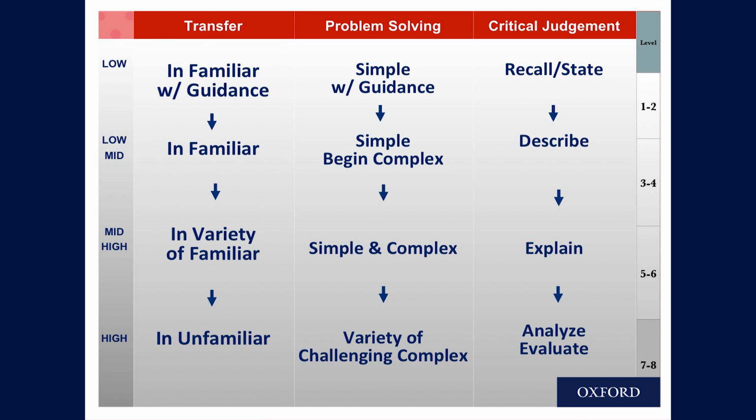As you go further, you could explain why things happen, and you could do simple and complex, and you could do it in a variety of familiar situations. At the highest level, you can analyze, evaluate, synthesize a variety of challenging, complex problems, even in unfamiliar situations.